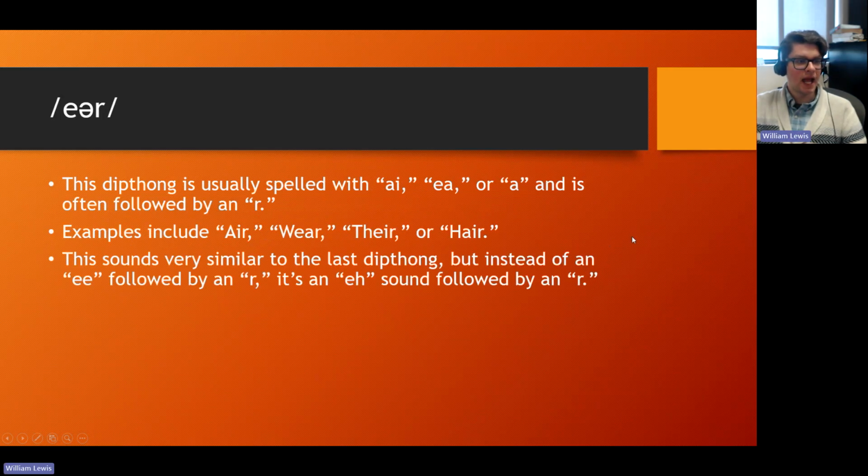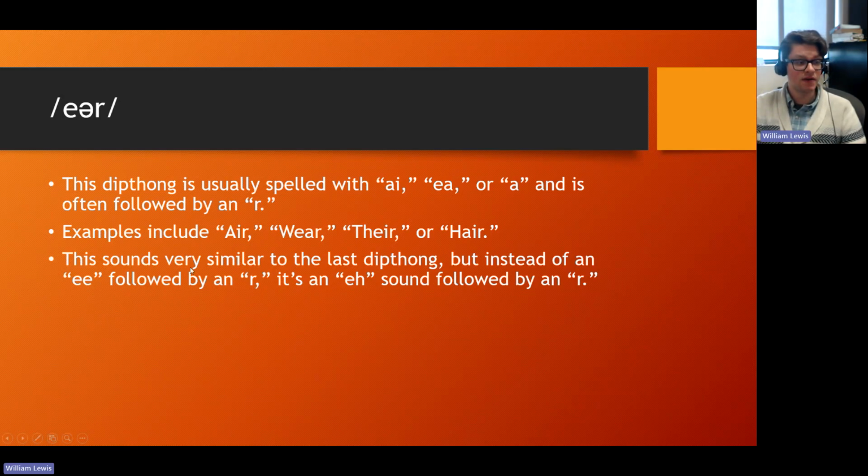And this next diphthong is very similar. We call it the air diphthong. This diphthong is usually spelled with an AI, an EA, or sometimes just an A spelling, and is often followed by the letter R. In fact, I'm going to say almost always is followed by the letter R. Examples include air, where, there, as in the possessive pronoun, or hair.